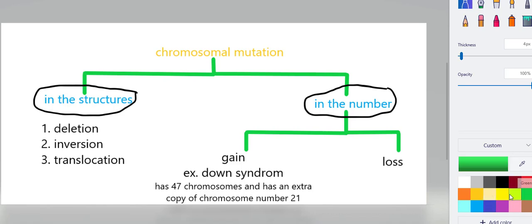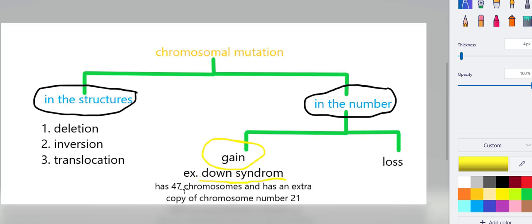The first is the gain of chromosomes. Every human has 46 chromosomes, but when the number of chromosomes increases by 1, 2 or 3, this is called gain of chromosomes. Chromosomal mutation at the level of gain is like Down syndrome.